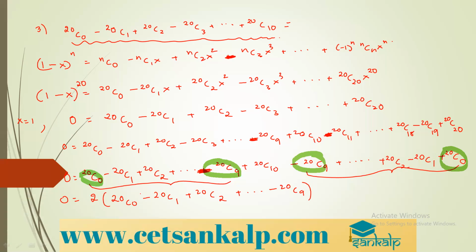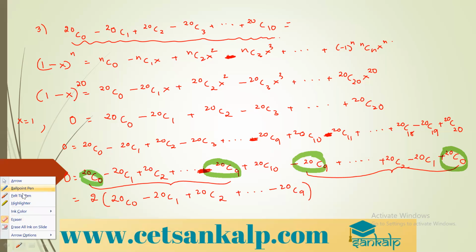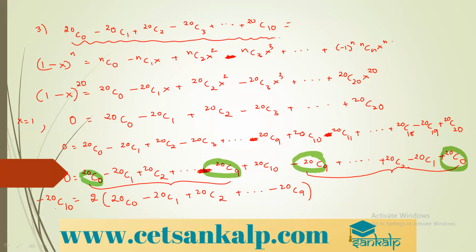All these are repeating. But I have 20C10 left. So that 20C10, I can bring it to the left side, so it will become minus 20C10.